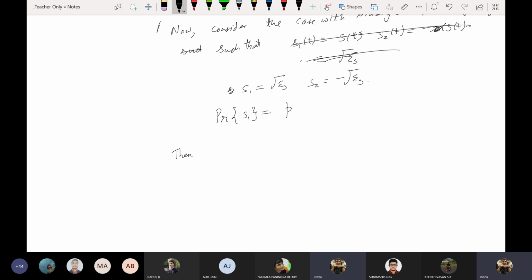Then D1 equals R such that (R minus root over Es) the whole square plus 2P is greater than (R plus root over Es) the whole square.